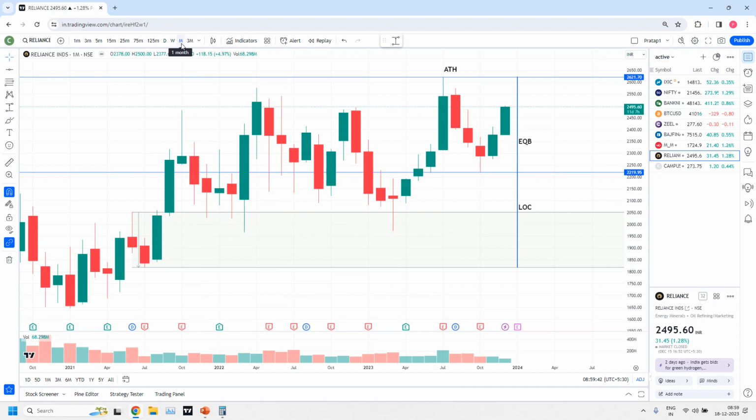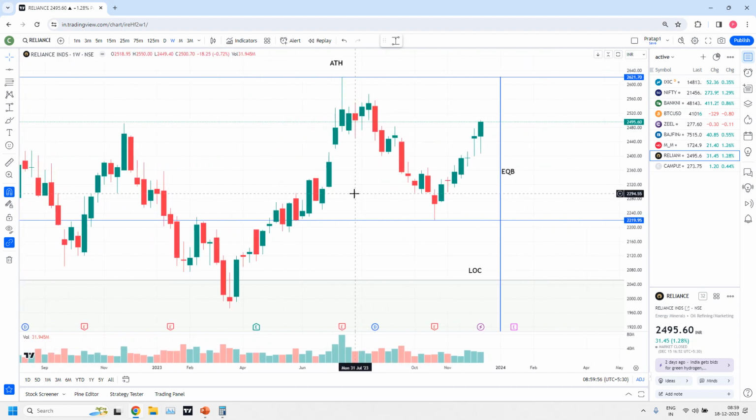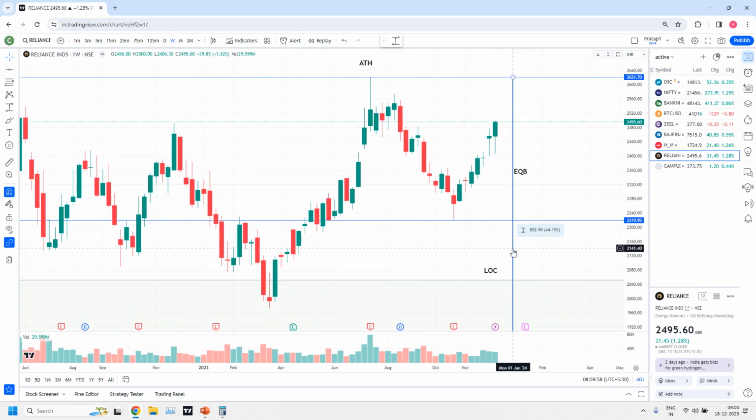So now I am shifting from the monthly time frame to the weekly time frame by clicking W in this time frame toolbar. So now we have changed it to the weekly time frame. Now what do we do in the weekly time frame? In the weekly time frame we will identify the trend. So how do you identify? Based on the zone violations.